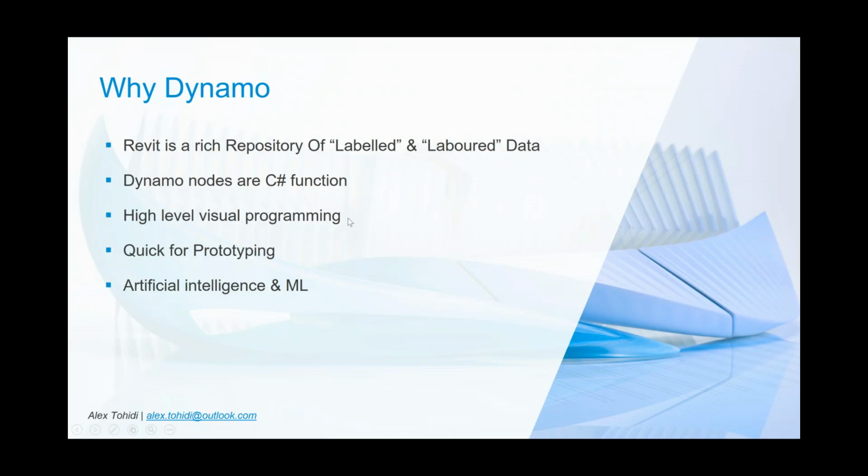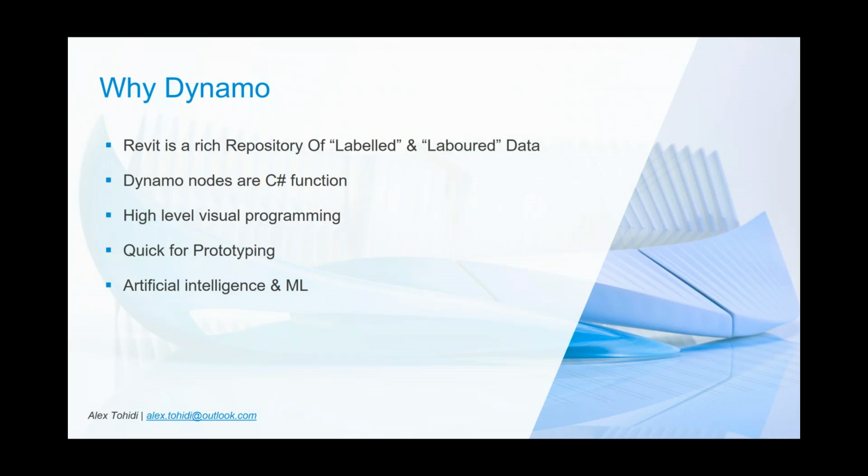Essentially, it's written in C#, but there are differences between C# and Python. If you need to know more about it, I can help. The good thing about Dynamo is that it's quite high-level visual programming, which means it's quite fast to develop complex solutions in Dynamo.